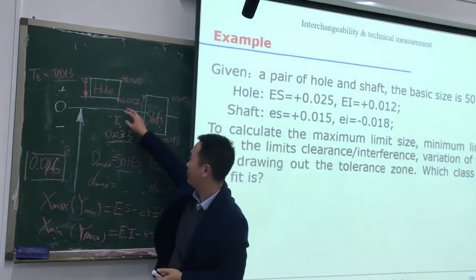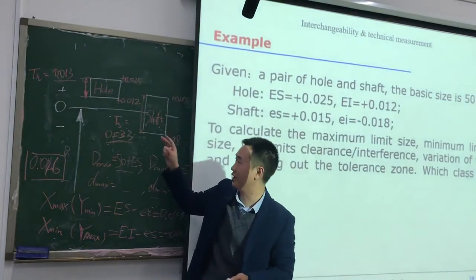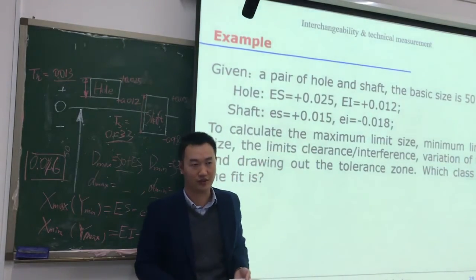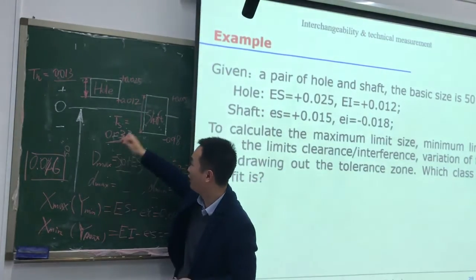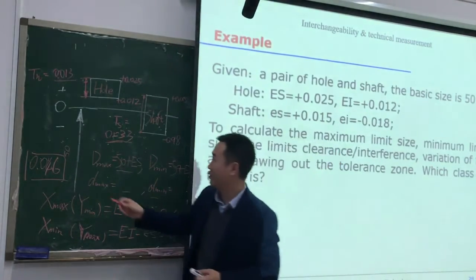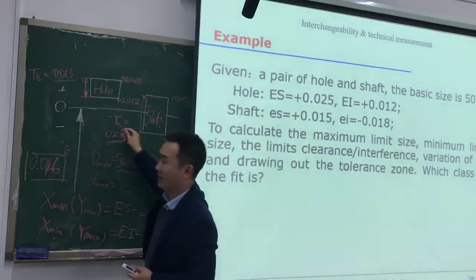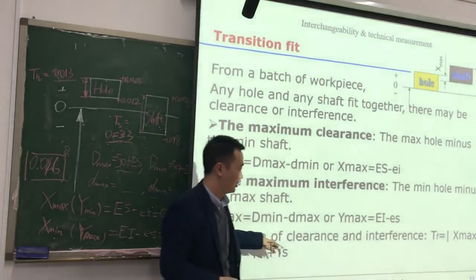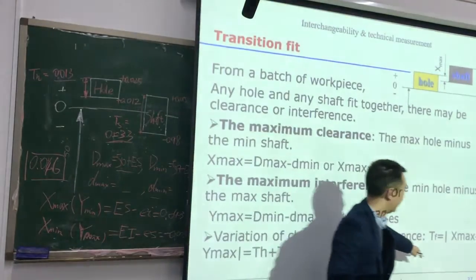Because no matter what class of fit it is, whether a clearance fit, interference fit or transition fit, the variation of a fit is always equal to TH plus TS. And of course, you can also calculate it according to the equation here.